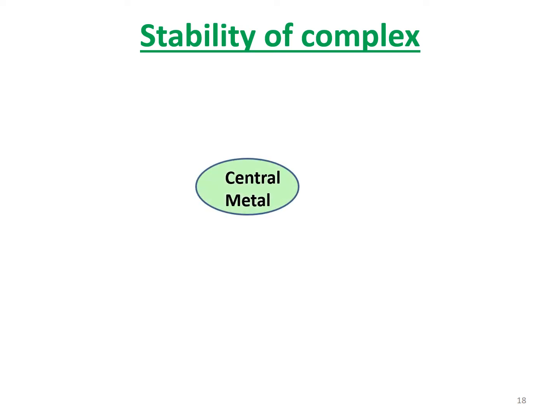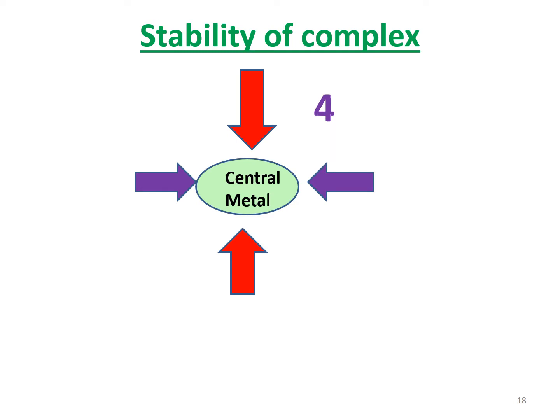Another topic is the stability of the complex. Which do you feel or see will be more stable? A central metal ion attached to 2 ligands, or 4 ligands, or 6 ligands?